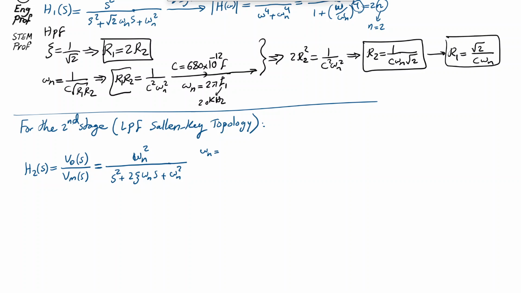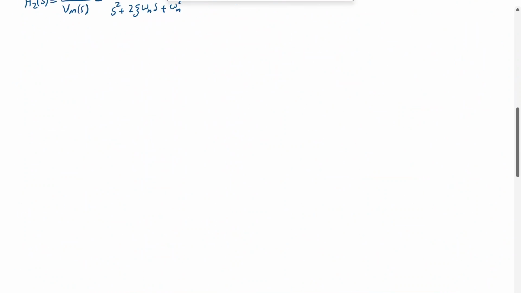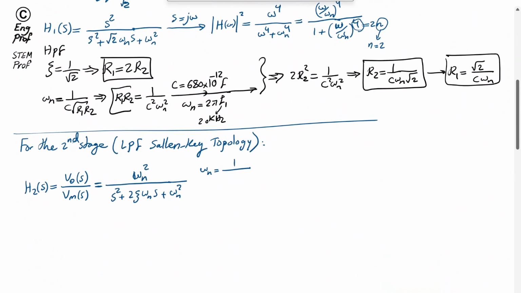So omega n is 1 over, in this case, note that we have the same resistor R used in the circuit instead of the same cap. Now we have the same resistor R, which is, for example, selected to be 4.7 kilo ohm. We have C1 here and we have C2 here. So with that in mind, if you compute and use the same method that I applied, you will find that omega n for the second stage, omega n2, is going to be 1 over R square root of C1 C2.